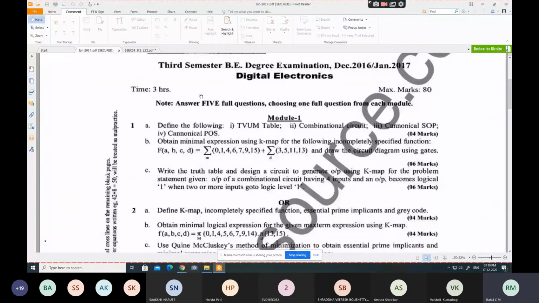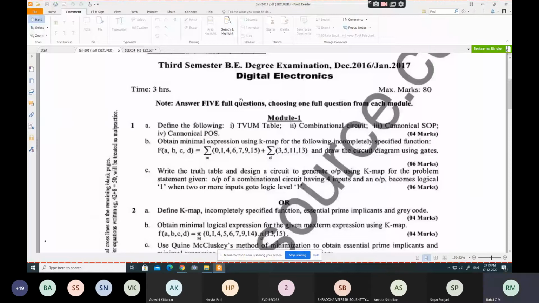Complete set of minterms when output is logic 1. Quite correct. Next.